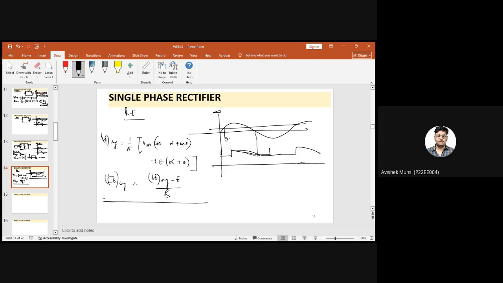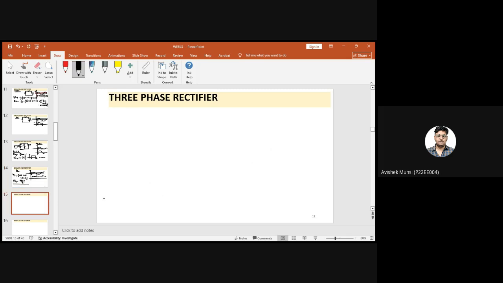So that's for the single phase rectifier. If you have any doubt, you can ask. I hope you don't have any doubt here. So remember it, and we'll start three phase.